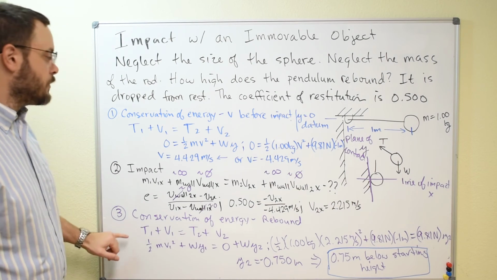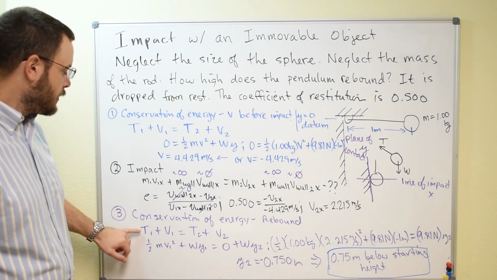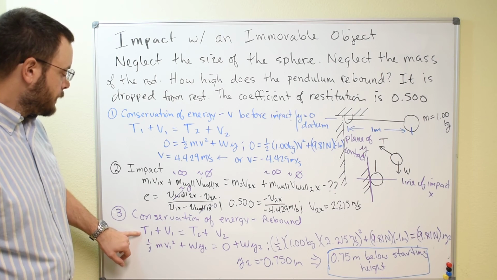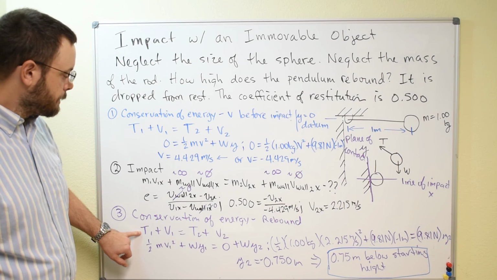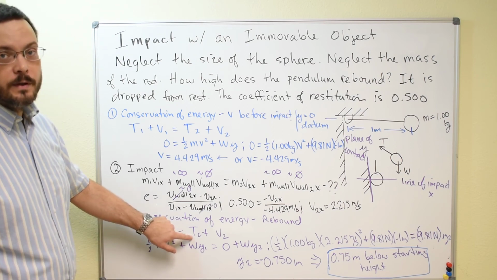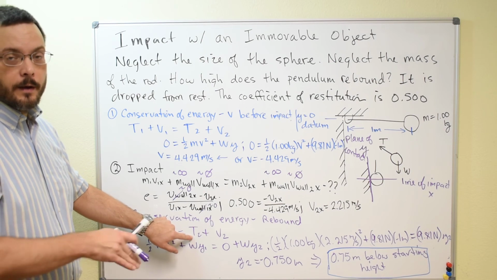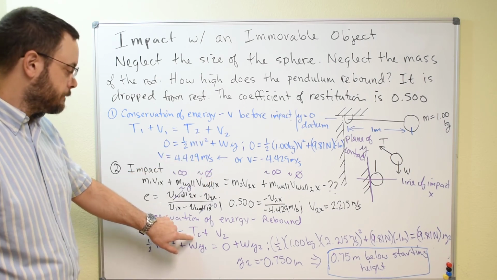We can do a final conservation of energy to see how high we rebound. So we'll have our initial potential and kinetic energy before the impact. I'm sorry, after the impact. And then we'll have our potential and kinetic energy here then while it's momentarily stationary at the peak of its height.